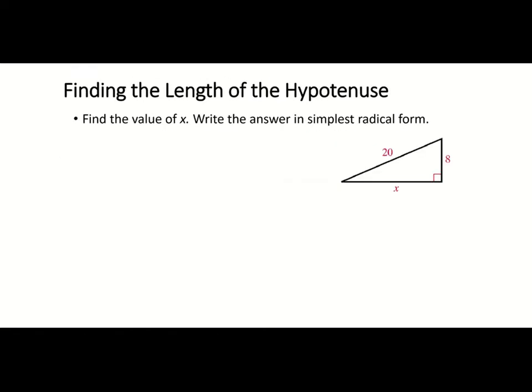All right, next we are going to find x, but this time if you notice and you look at our problem, you'll see x is not the hypotenuse. It's actually one of the legs of the triangle. So we have a leg and the hypotenuse.